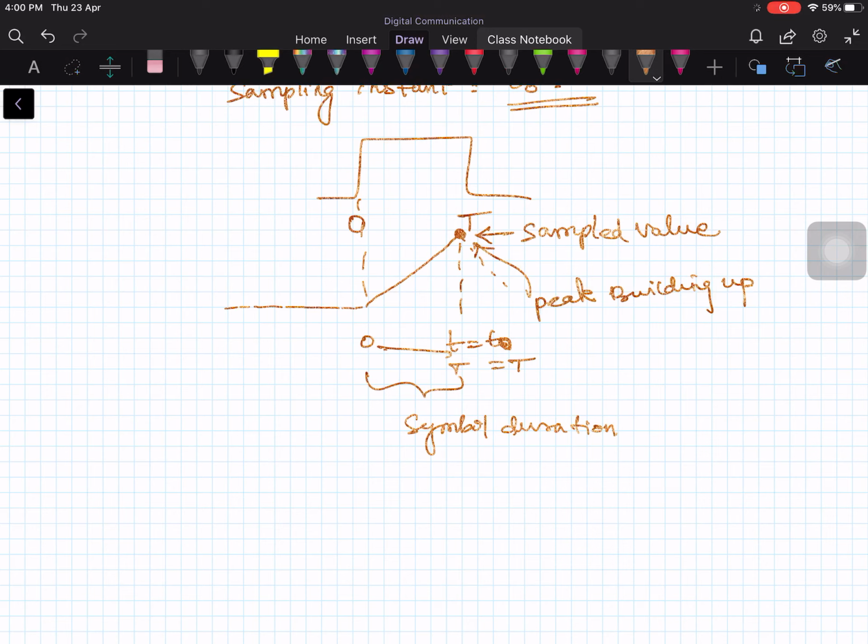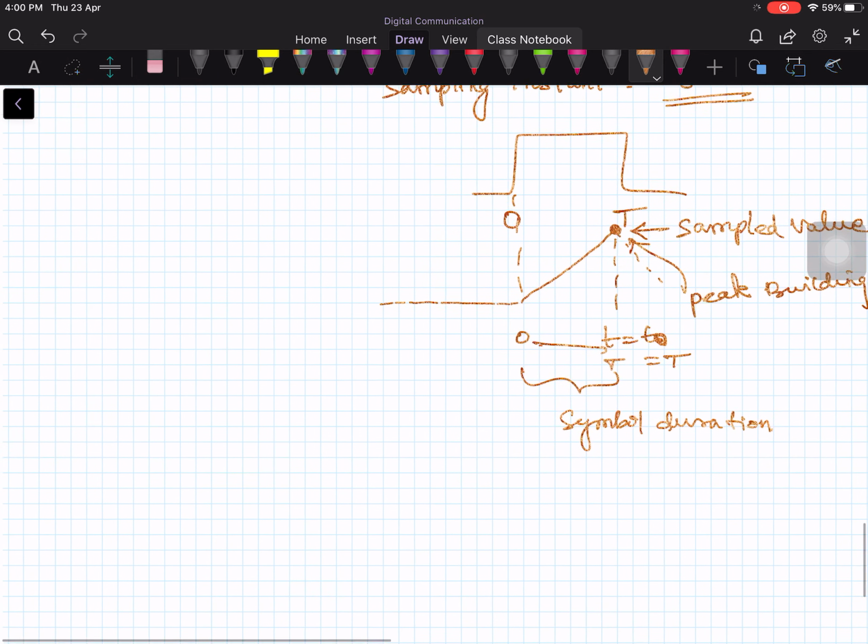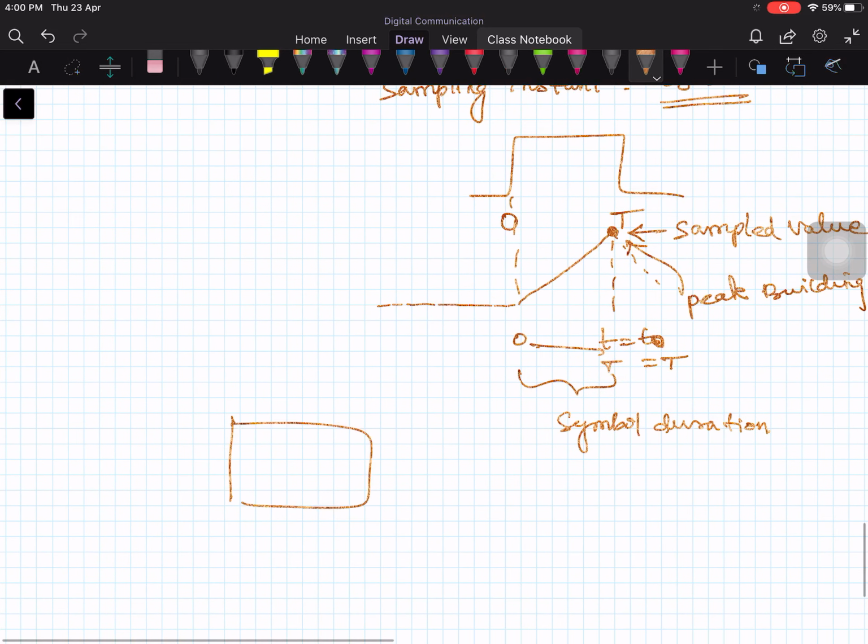Now our concern is to look at this filter g of t. Maybe I'll draw one more time here. You have the filter g of t, the input is v of t and the output is u of t.